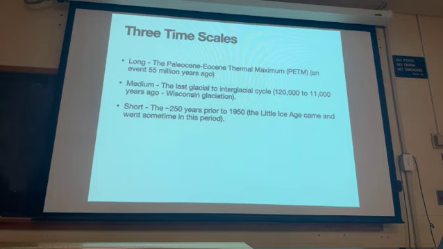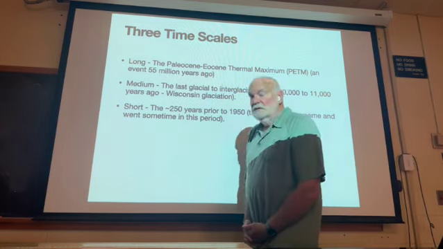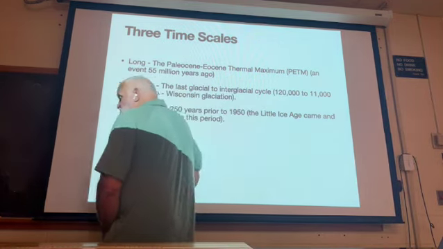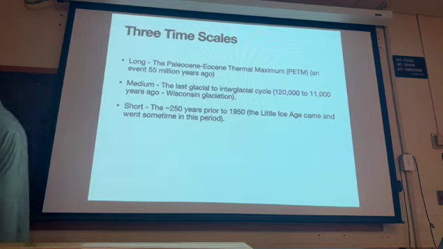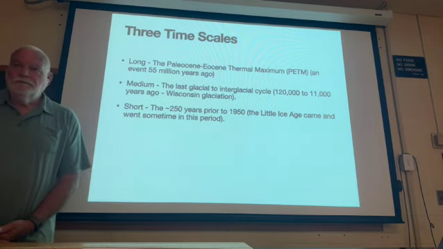The temperature change was significant, 5 degrees or something like that. The CO2 was a fairly minor change. And then on a much shorter time scale, something basically historic, about 250 years ago. Well, now it's closer to 300 years, more than 300 years ago. There was a cool period in the planet's history.